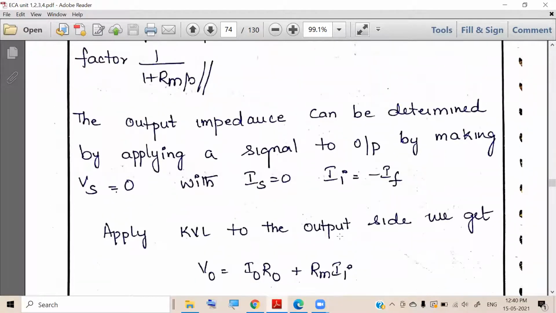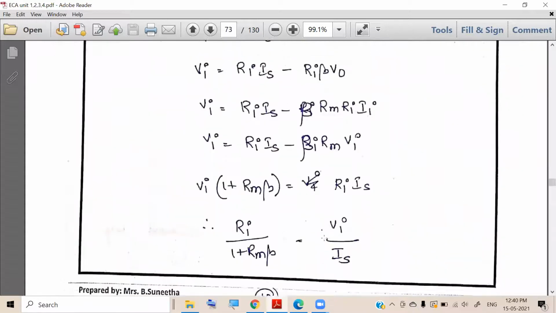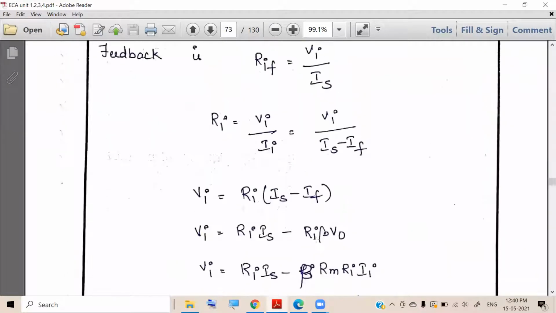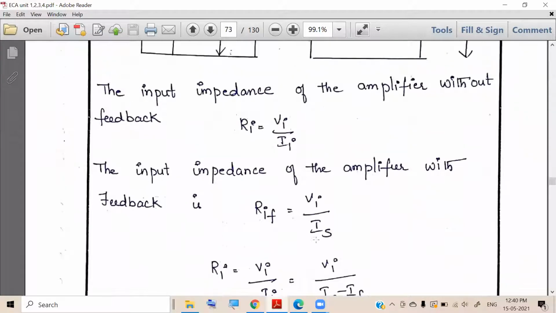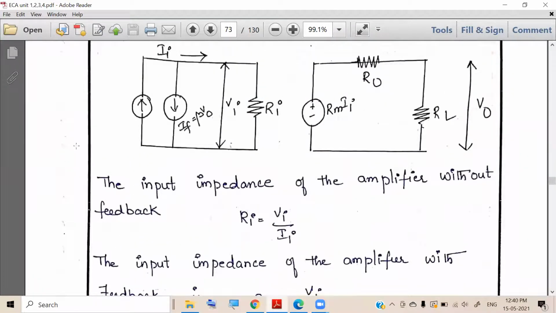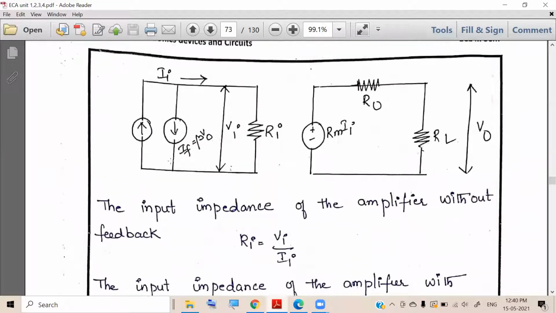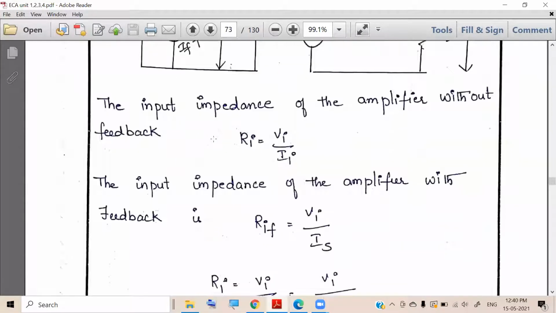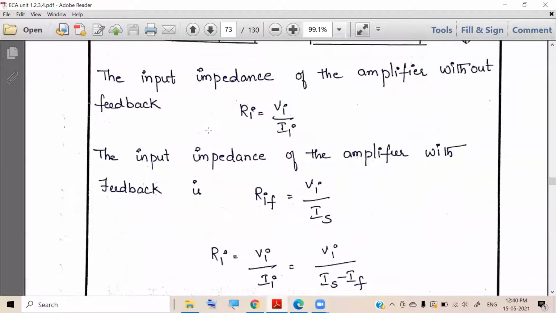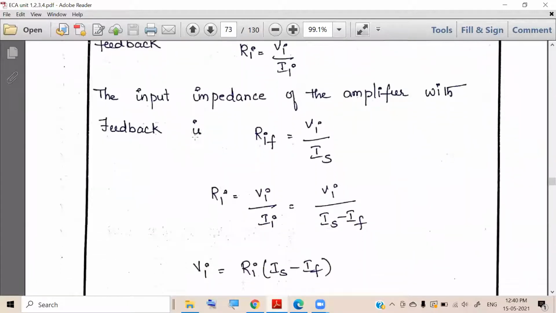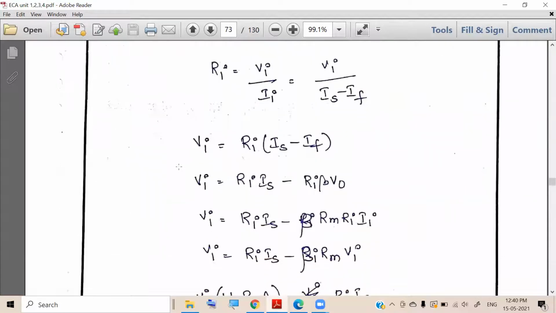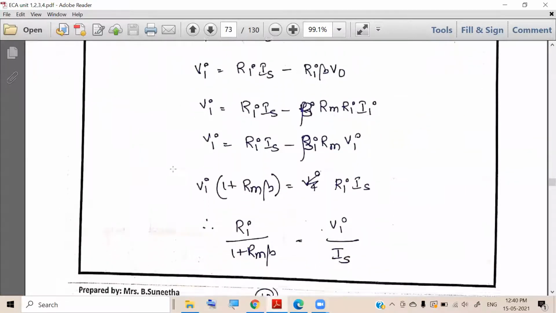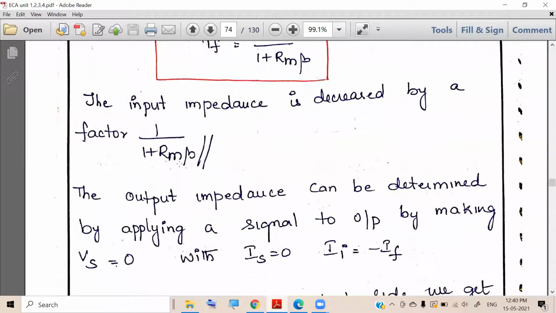Then another case: we need to take Is equal to 0. Here we already discussed Ii is Is minus If. So if we take Is 0, we can take Ii equal to minus If. That is the second condition we will consider.